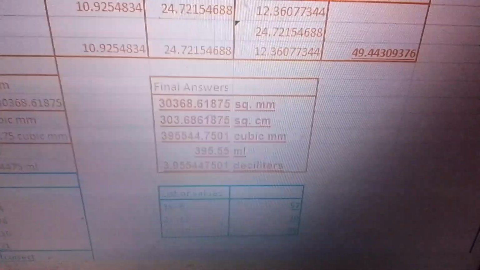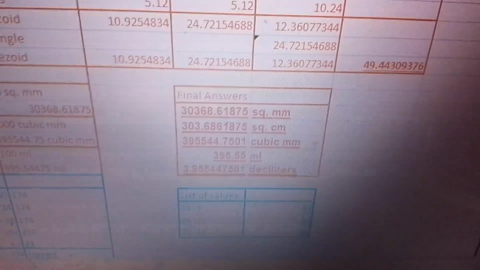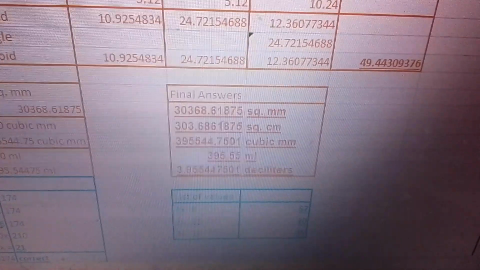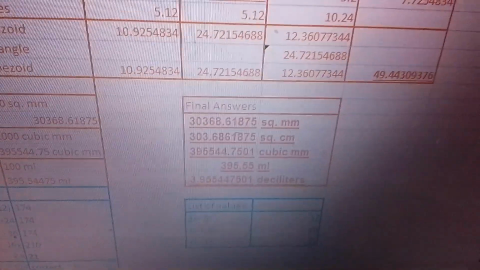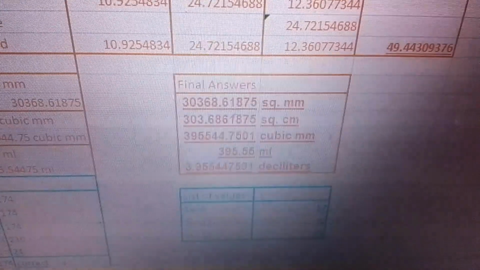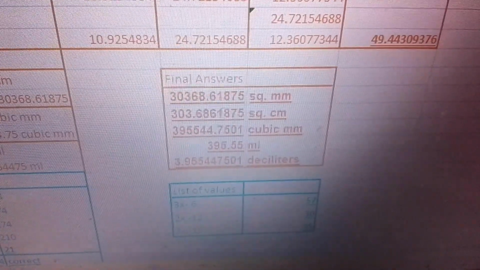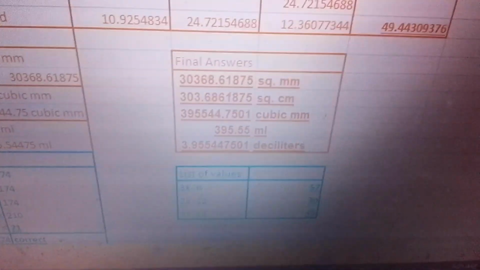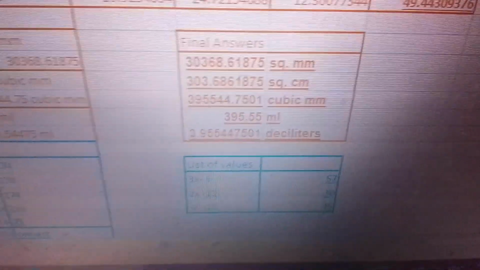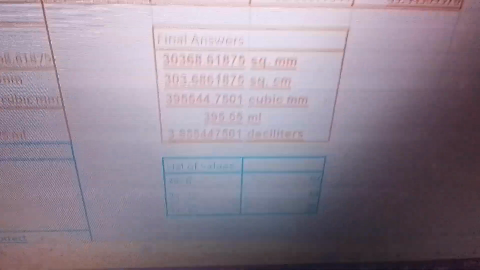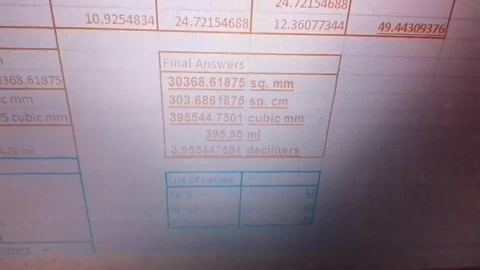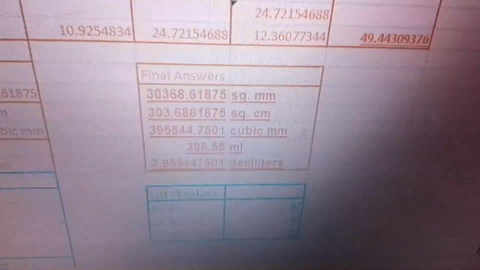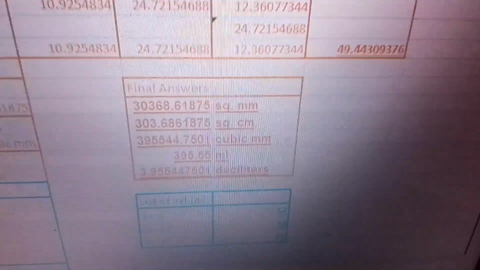But in cubic millimeters, move the decimal point 3 places to the right, so it should be 395,544. And then for deciliters, based on your volume in cubic centimeters, which you convert to ml, divide by 100 by moving the decimal point to the left. At yun lang. That's how we solve for the answer. Thank you very much and have a good day.